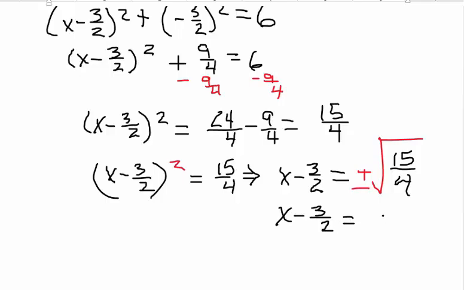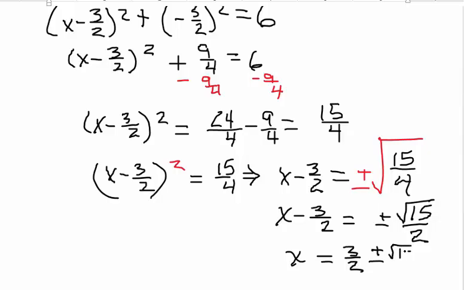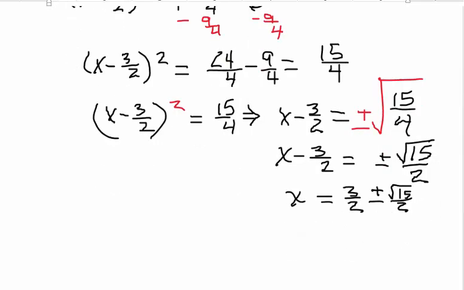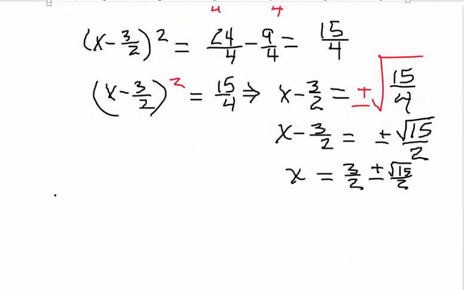So this is plus or minus the square root of 15 over the square root of 4. But the square root of 4 is 2. Let's add 3/2 to both sides, and the x-intercepts are 3/2 plus the square root of 15 over 2, and 3/2 minus the square root of 15 over 2.